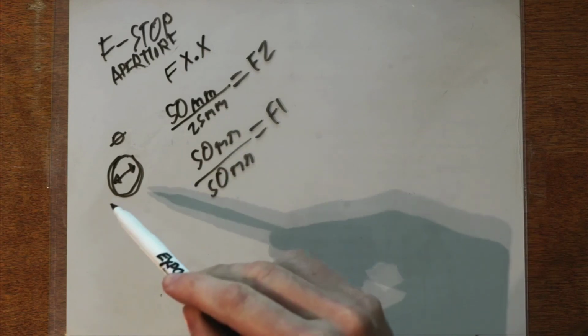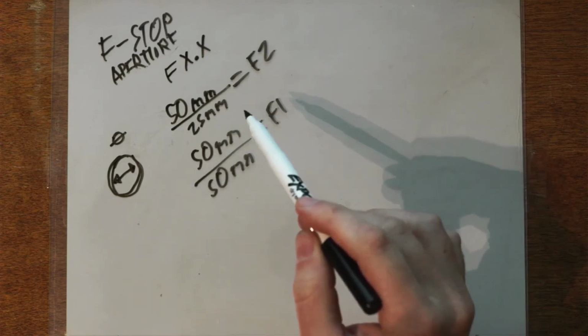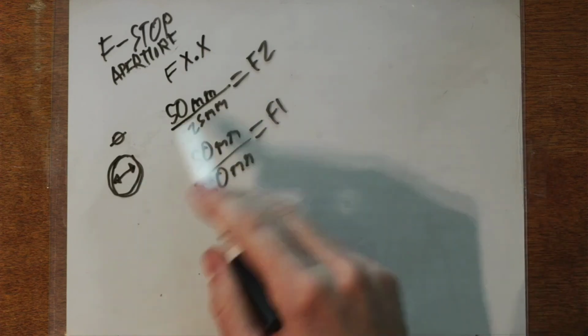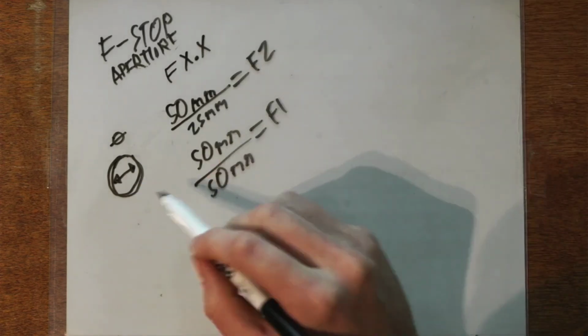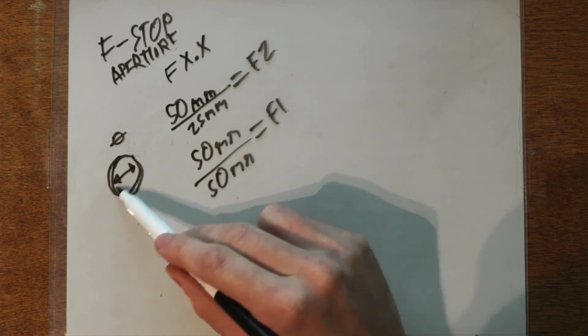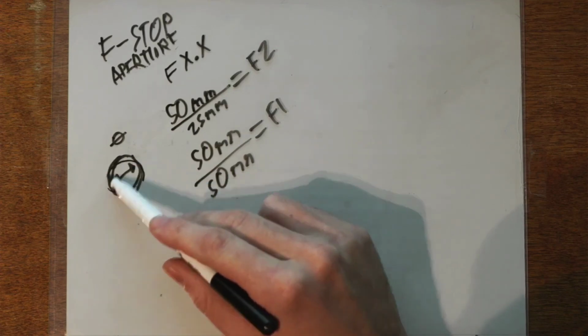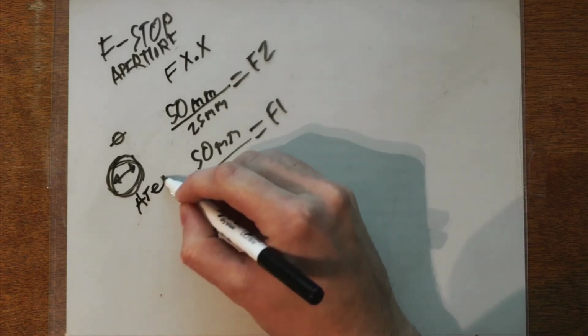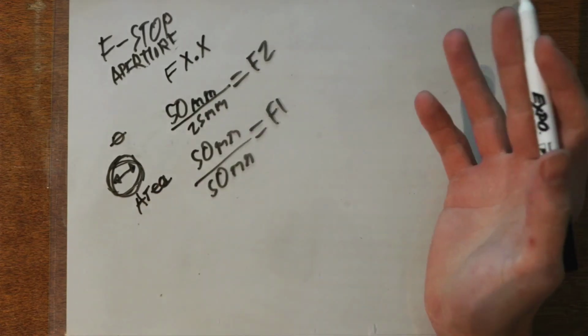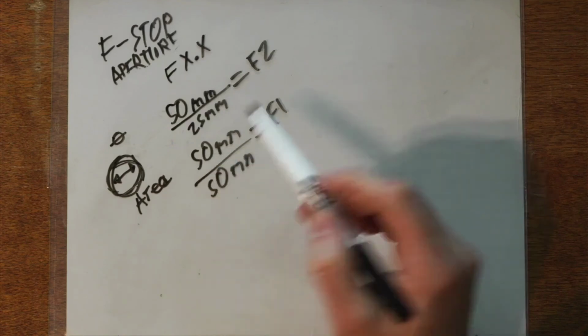Now, whoever designed this wasn't thinking about teaching it to other people because this doesn't make any sense. The amount of light is not related to the diameter here. The amount of light that comes into a lens is related to the area. So that, of course, is going to screw us up every time. And it matters how long our lens is, right?